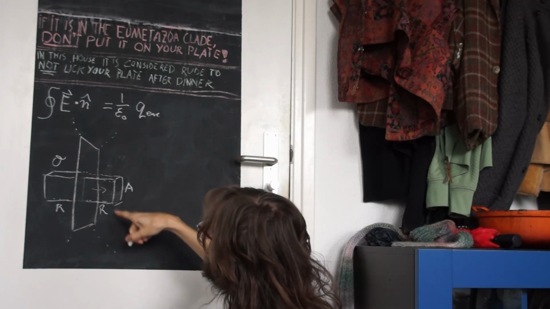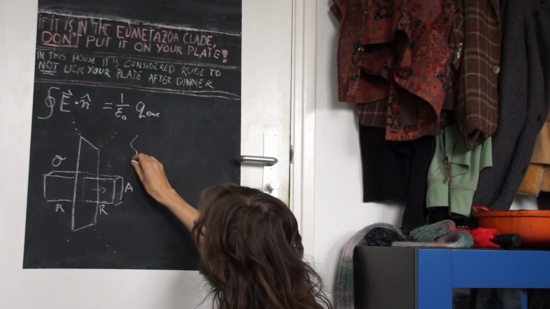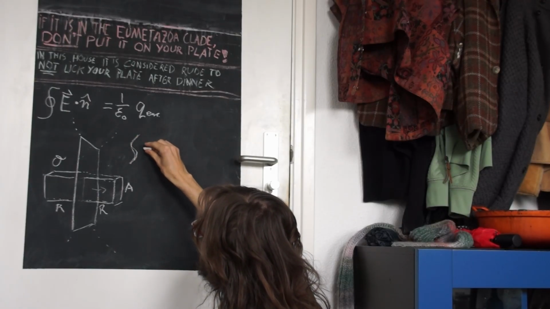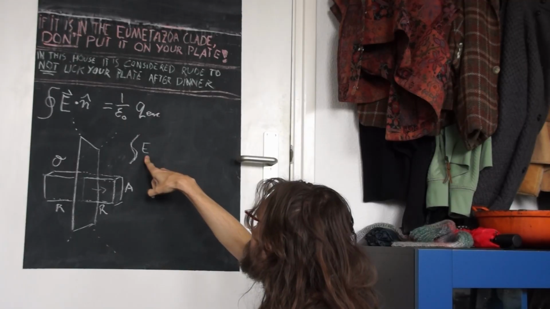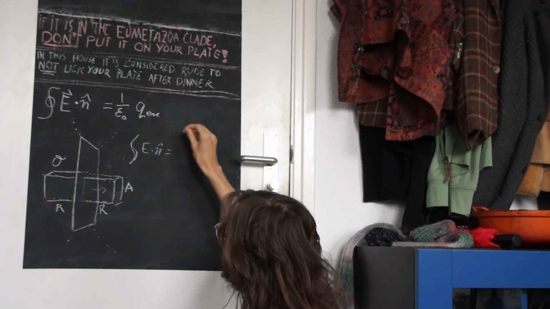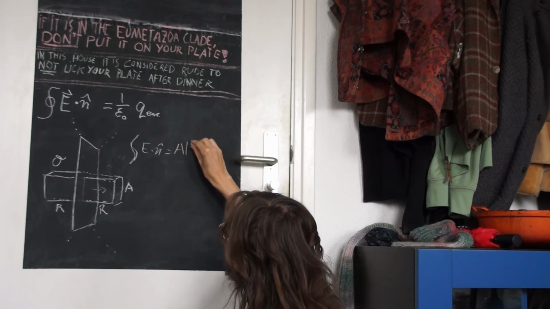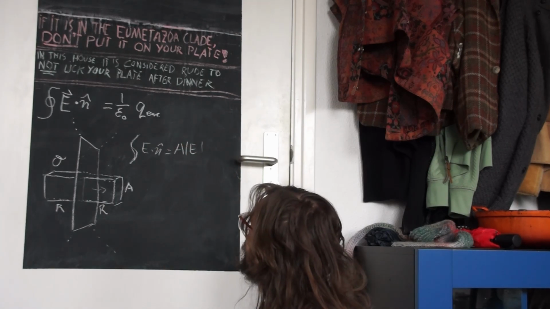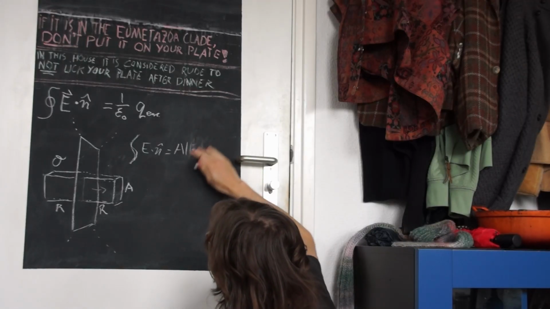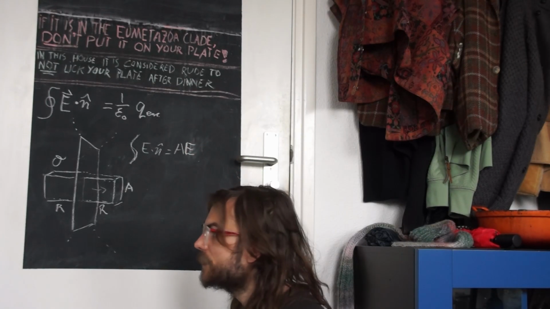So we only integrate over the area, and we find that it's going to be a constant integral again, so the integral of the field dotted with the normal is going to be equal to the area times the strength of the electric field. I'm just going to call the strength of the electric field E, and ignore the whole vector part of it.